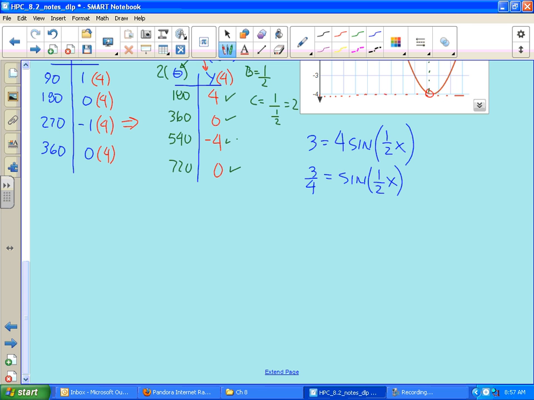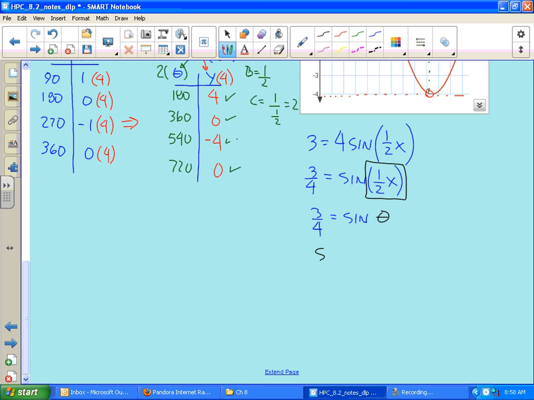Now, here's where it gets a little tricky. We remember that what's under here is actually an angle. So this is like saying I have 3/4 is equal to the sine of theta. And we know that if I wanted to solve for that theta, I would do the inverse. All right, let's do that. Let's set this thing up.